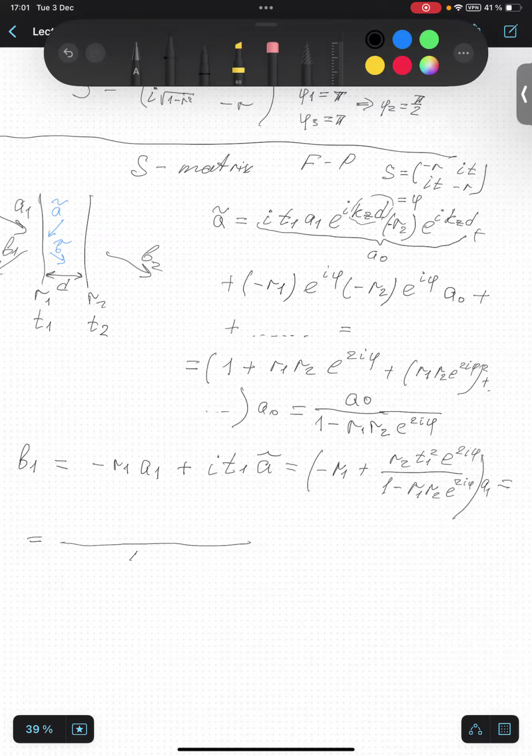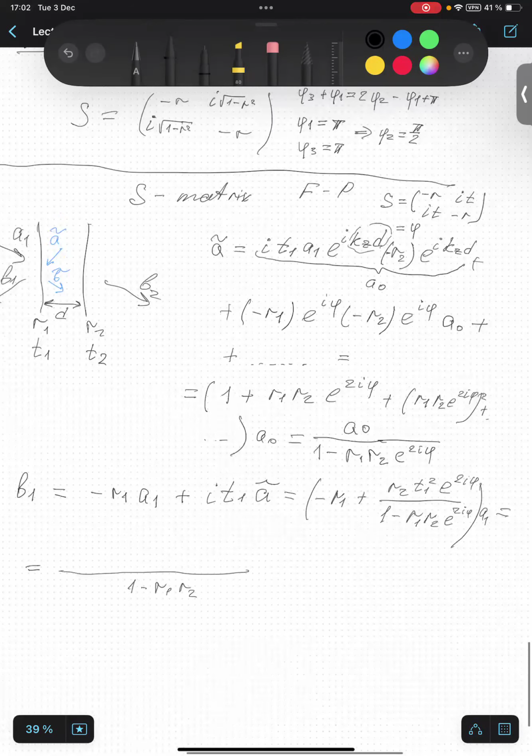If we had A tilde equal to something multiplied by A0, where we get A0, maybe we can't just put A1 behind the brackets. Yes, sorry.